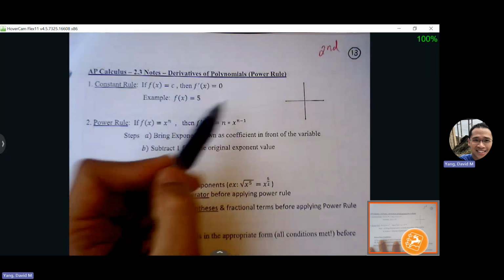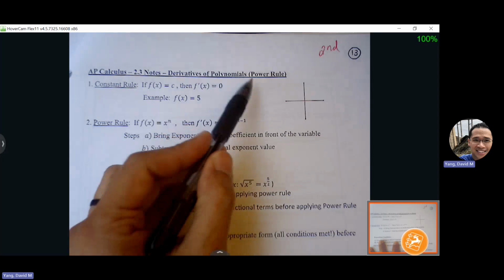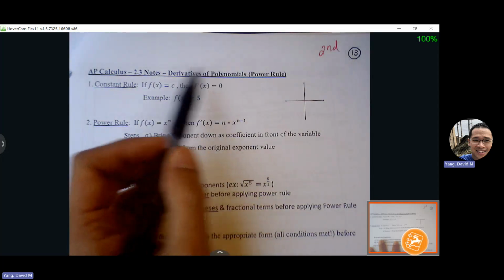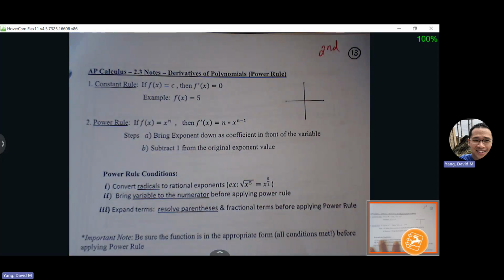So we're going to learn about derivative rules called power rule that will allow us to find the derivative a lot faster, a lot more efficiently, but it does become more abstract, and we do lose that connection with slope formula. But now that we see that connection, we can go to the more abstract rule.